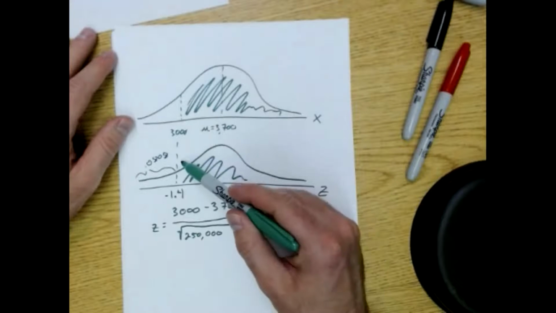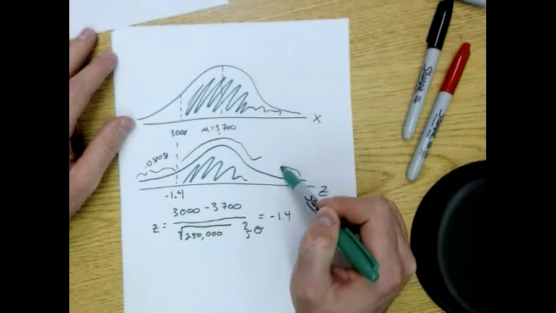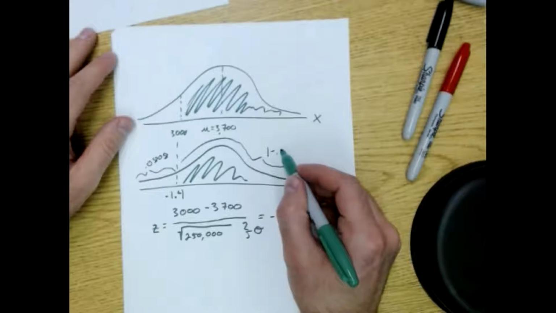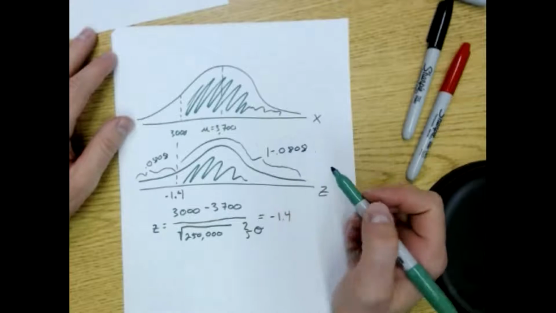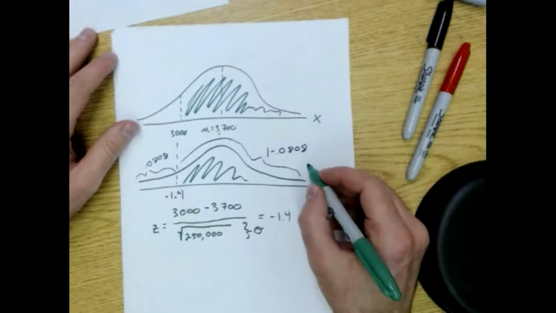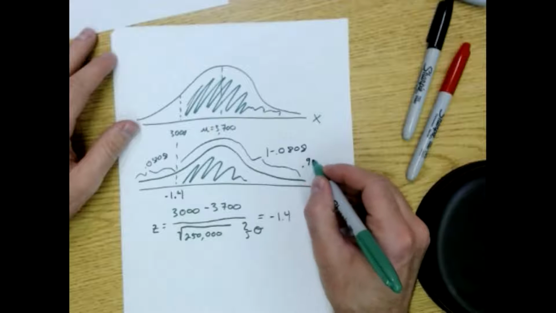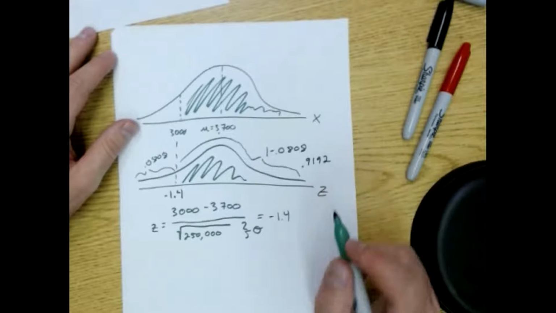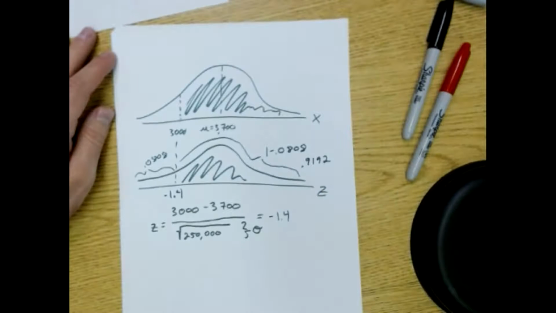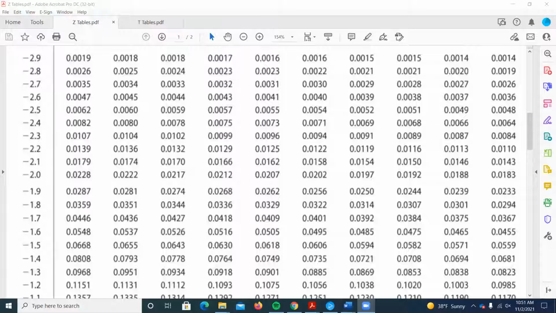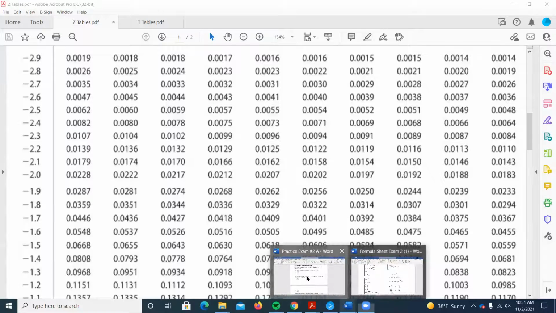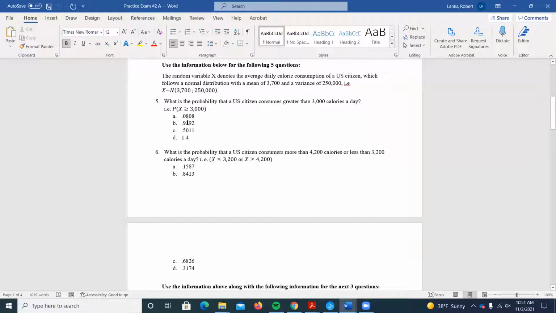I wanted the area to the right, which we said we know should be greater than 0.5. So I just subtract that 0.08 from 1. I get 0.9192. So if we go back to that practice exam, 0.9192.